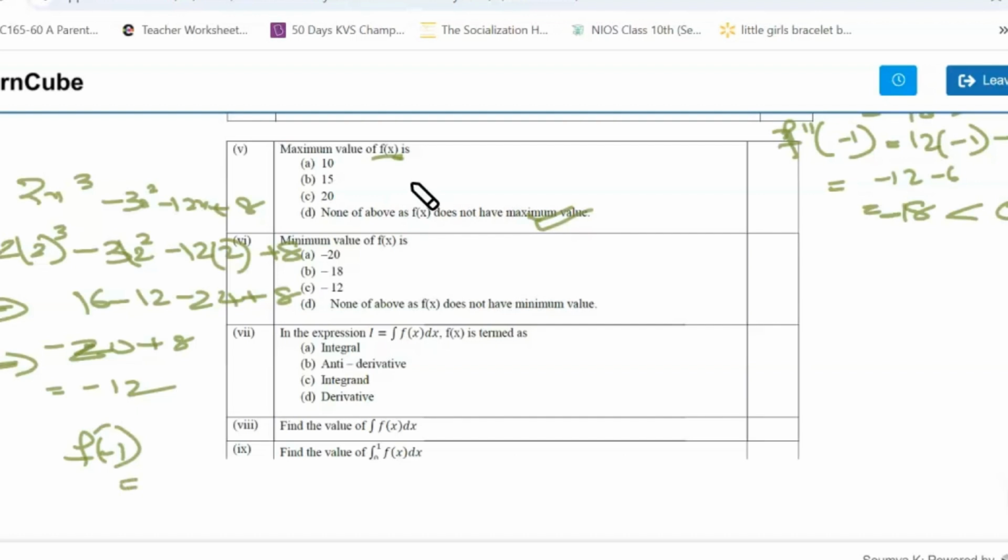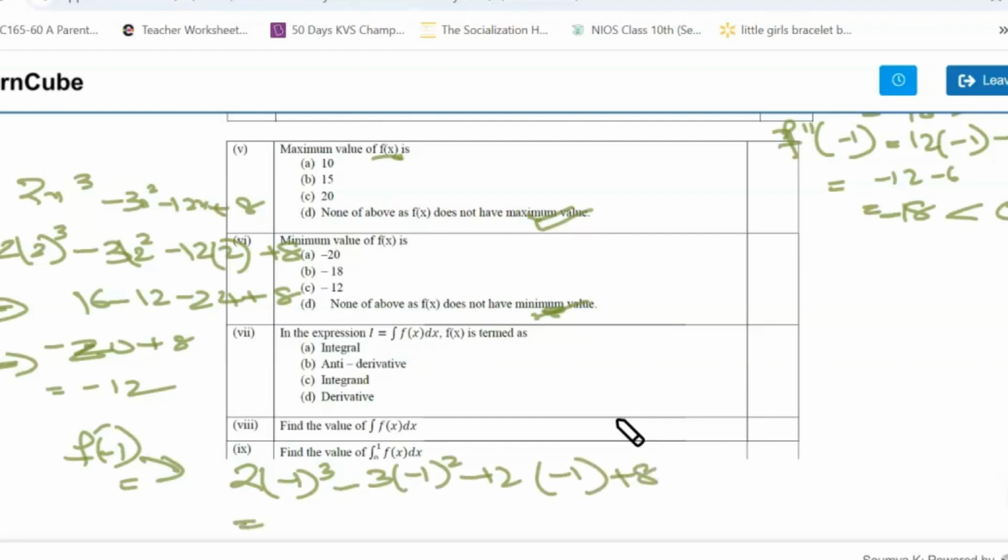After solving you will get an answer which does not match, so just try this also in a similar way. f of minus 1: substitute again, 2 into minus 1 cube minus 3 into minus 1 square minus 12 into minus 1 plus 8, that is minus 2 minus 3 plus 12 plus 8, which gives 15.